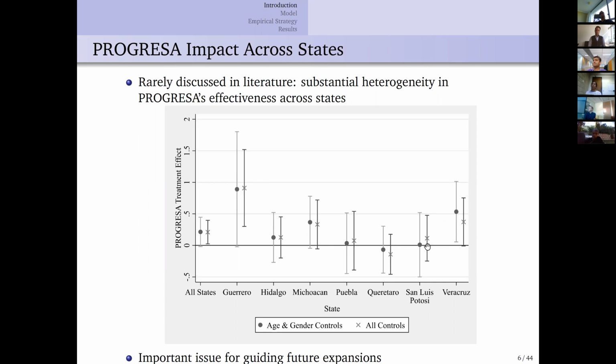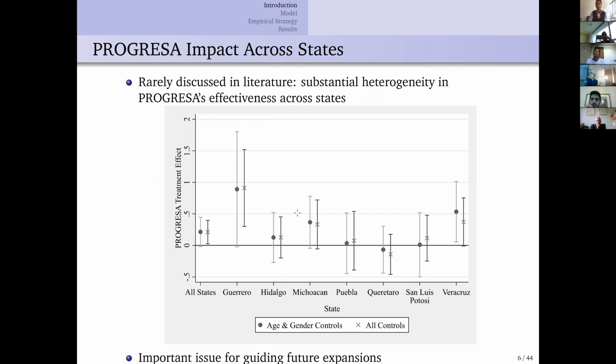But there are a number of states that really just hover very close to this 0 line, which is interesting because this is a program that's been viewed as extremely effective, and it was, but it was really only effective in, say, 3 out of the 7 states in which it was first rolled out, if you're going by 10% significance level.